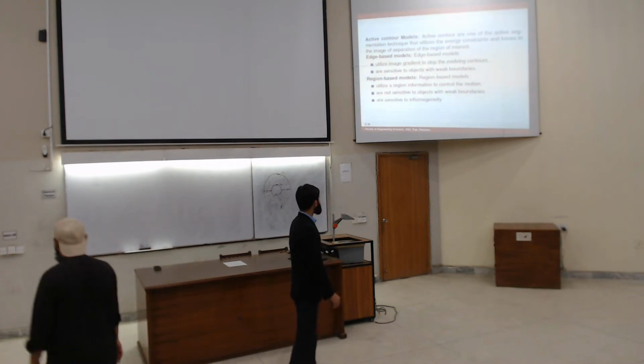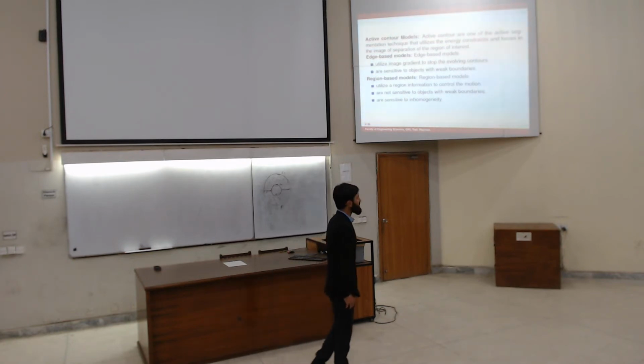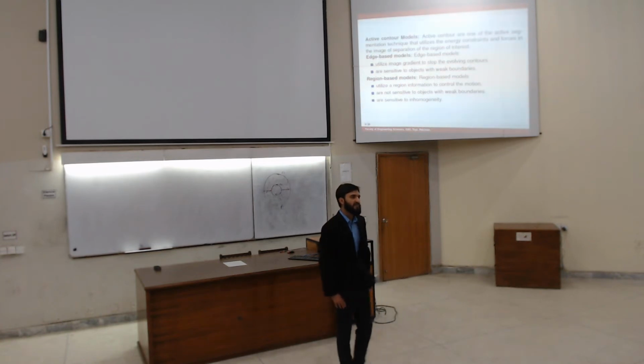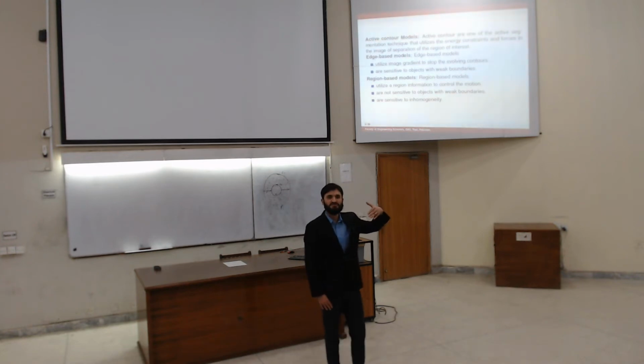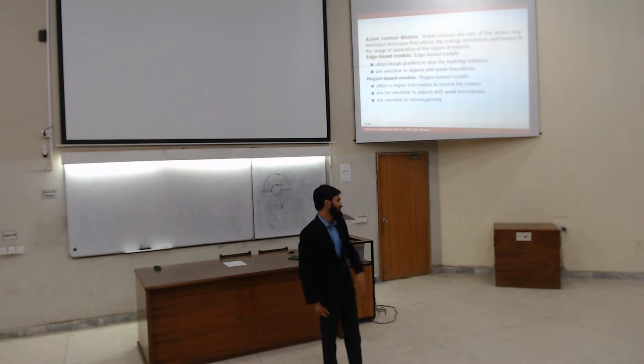And these models are not sensitive to objects with weak boundaries. And the third is these models are sensitive to inhomogeneity. Inhomogeneity means the image contains grayscale or RGB rather than black and white.